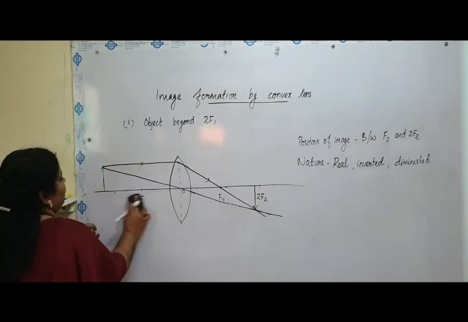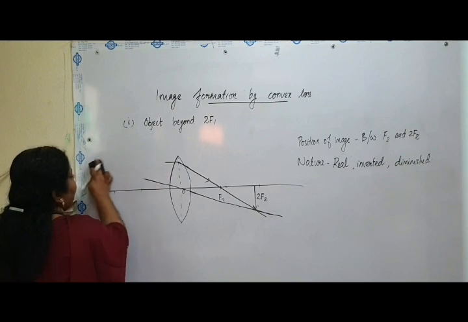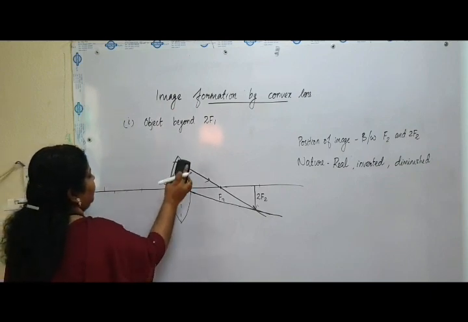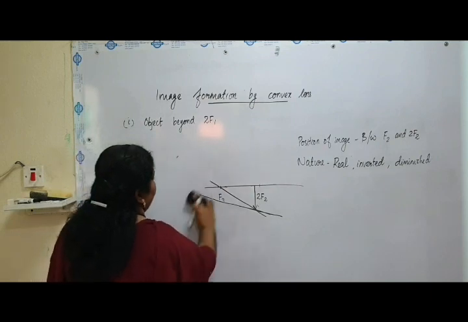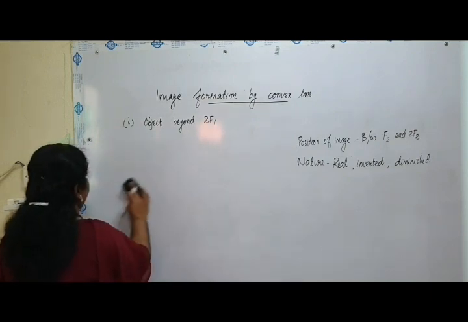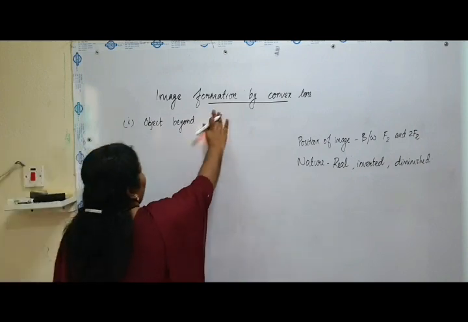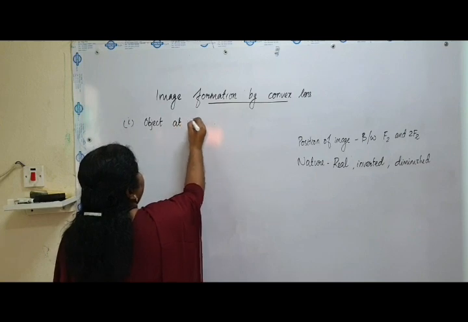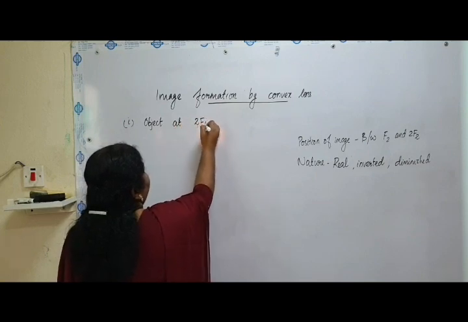So you can guess what will happen when we are keeping the object at 2F1. This is the case just like when we are keeping at C. So object at 2F1.